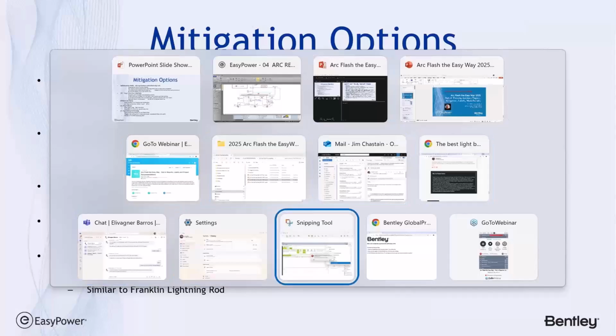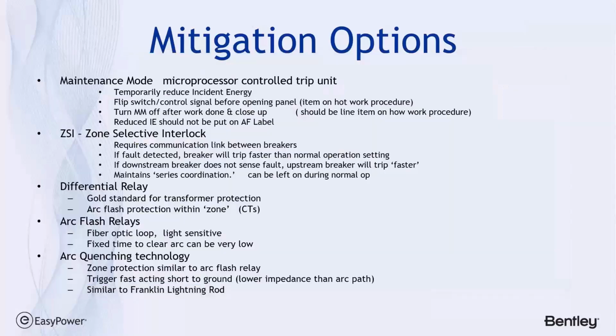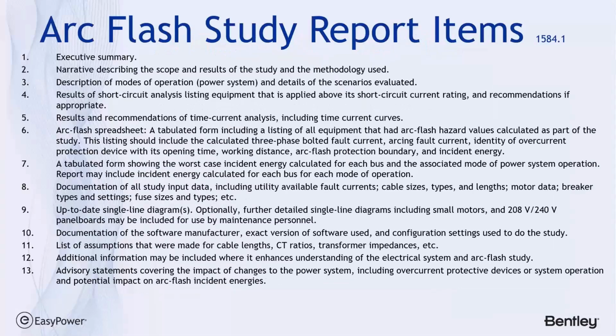Okay, so any questions on mitigation? In the handout section, I've included a copy of this slide, but basically the 1584.1 application note recommends these elements be included in the reports regarded as the arc flash study.